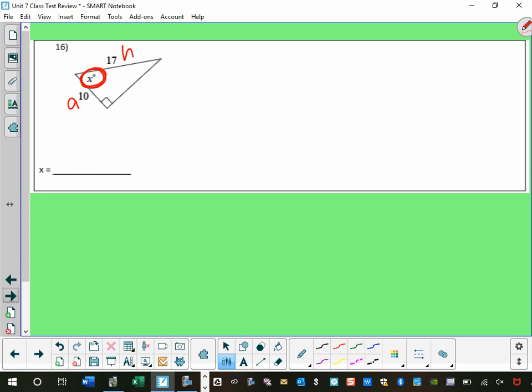What is it? Cosine. Cosine of what angle is equal to what? Adjacent over hypotenuse, which is 10 over 17.